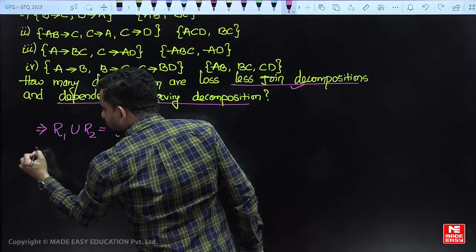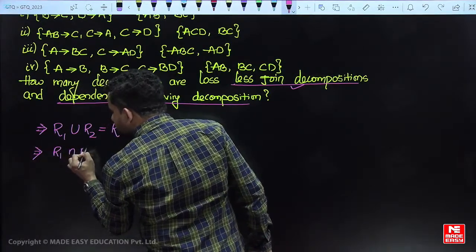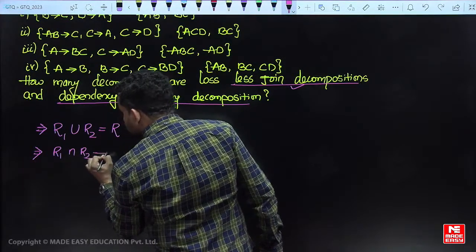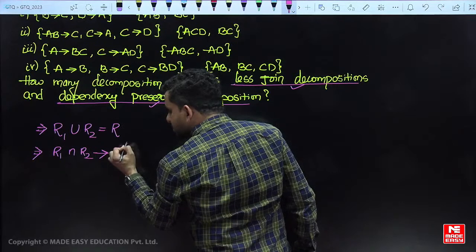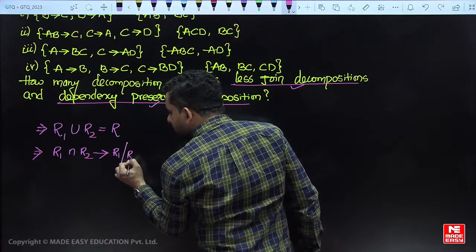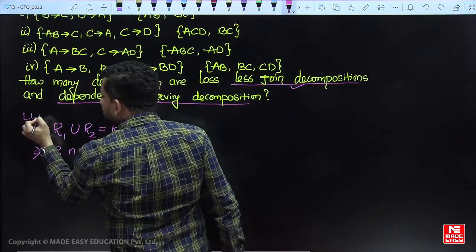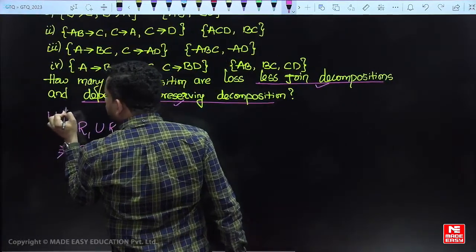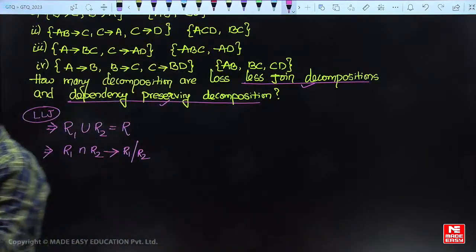And the second thing, the common attribute between the subrelations should determine every attribute of either the first relation or the second relation. That is the lossless join property. This is the lossless join rule.